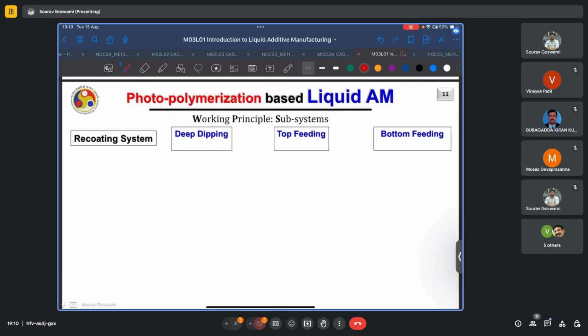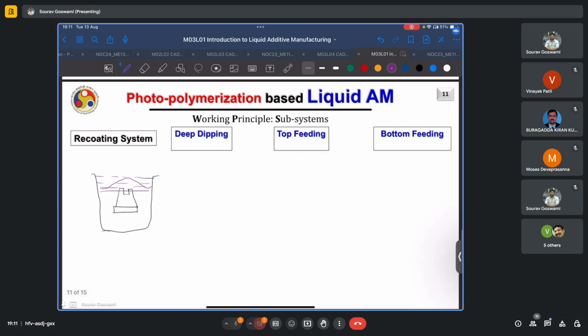Now, the types of recoating system. One can be deep dipping. In deep dipping, what happens is after each layer is built, your build platform, along with the deposited layer, gets dipped into the bulk of the photopolymer so that you accumulate a healthy amount of photopolymer on top of it.